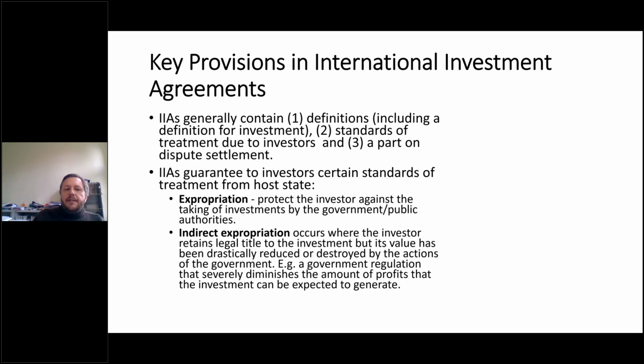Another aspect regulated is called indirect expropriation, and that occurs where the investor retains legal title to the investment, but its value has been drastically reduced or destroyed by actions of the government.